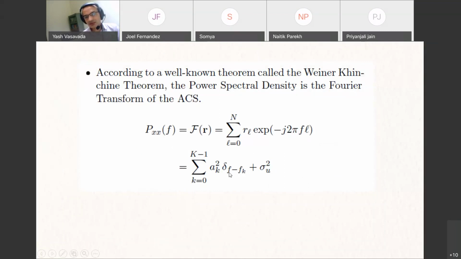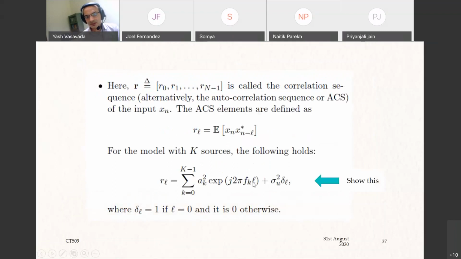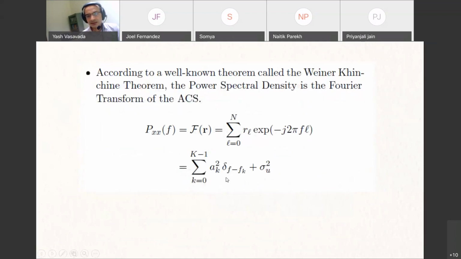This f minus f_k comes because I multiply this exponential, which is a function of f, with this exponential, which is a function of f_k. So if you are a little fuzzy about the table of Fourier transforms, you can look at any textbook.